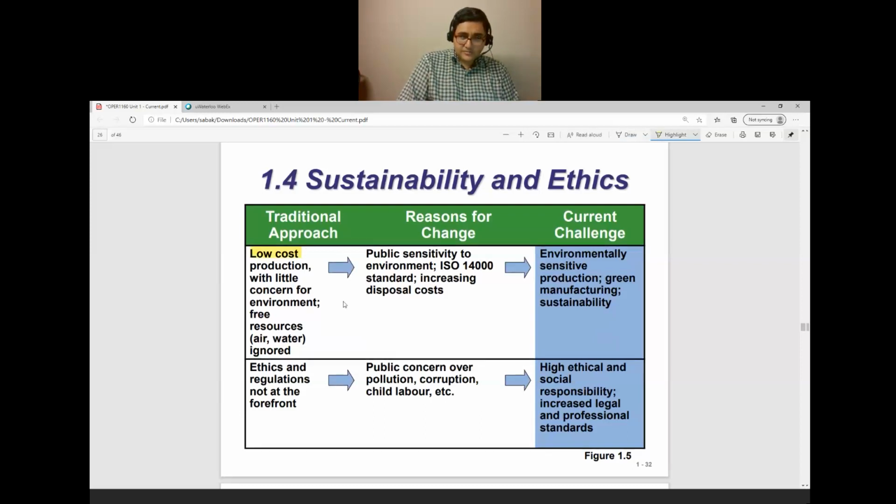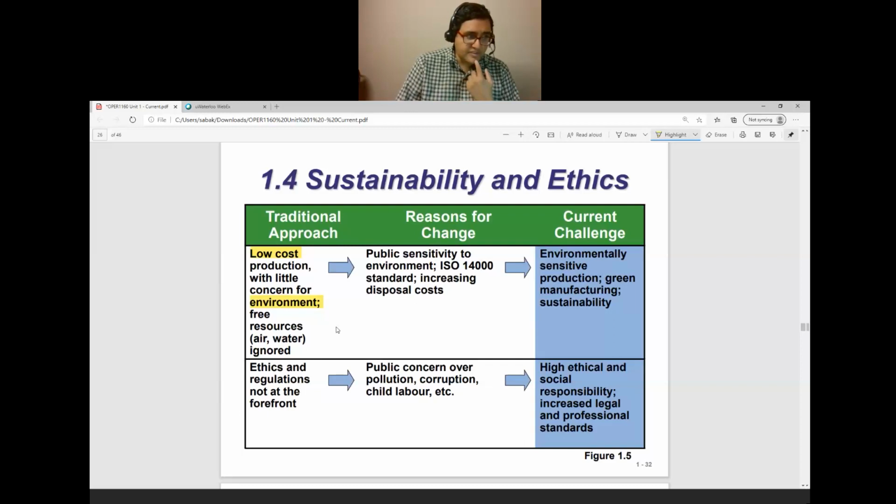Now, a little bit on the sustainability and ethics part of it. As I said, the traditional approach in manufacturing has been that I want to somehow make things at the lowest cost. But when you say the lowest cost, you might resort to methods which can affect your environment.